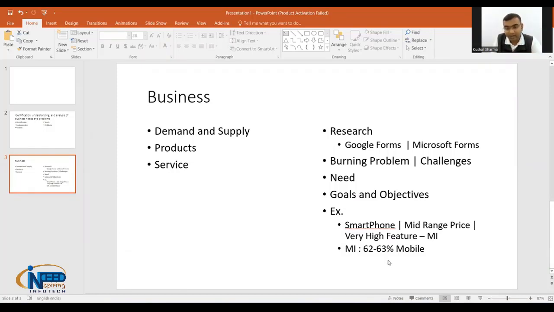Second, market share. This is already very high, and to go beyond it is a bit unrealistic. Whatever goal you plan needs to be realistic. So going beyond 60 to 63% is a bit unrealistic, and therefore it is better to maintain that.